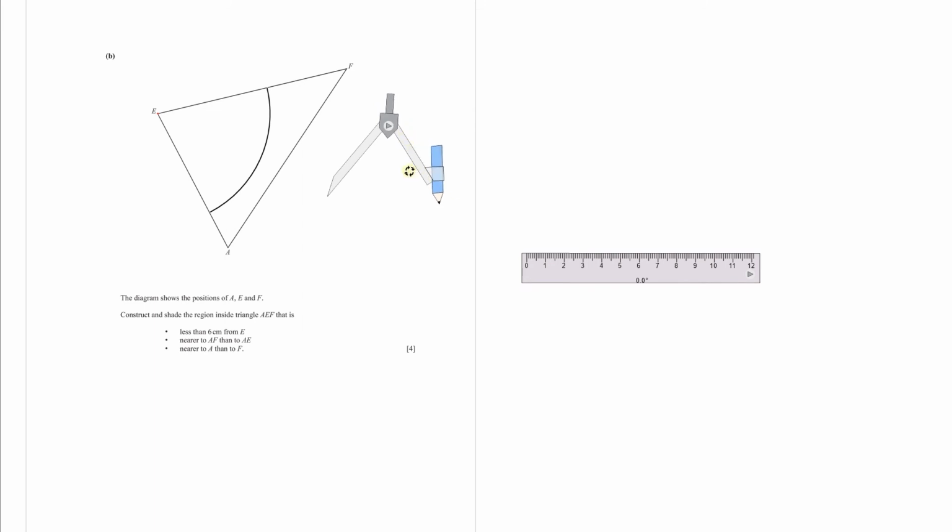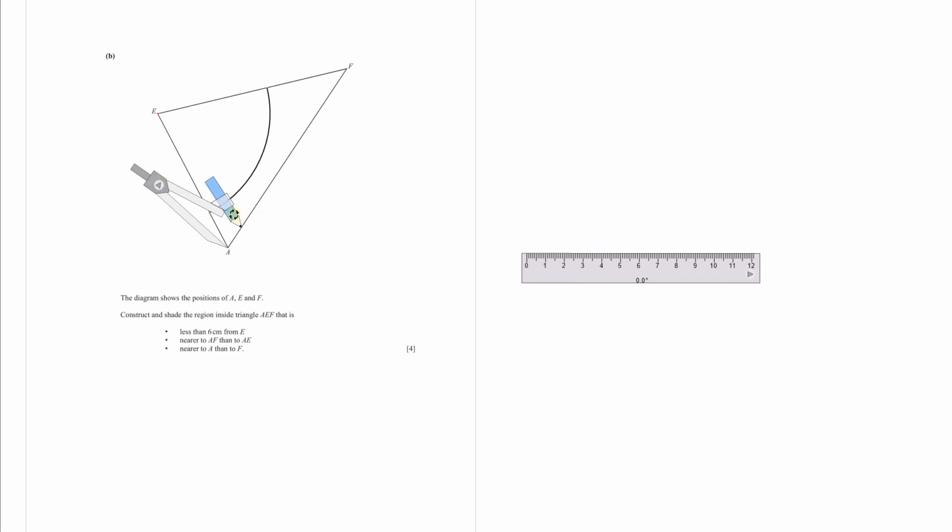So to draw the angle bisector, I will open up my compass to any arbitrary length, and then I will place it at the angle for which I'm drawing the angle bisector, and then I will draw an arc from the two lines that make that angle. So AF and AE. So I'll draw an arc from line AF. So let me make sure it's centered at A like this.